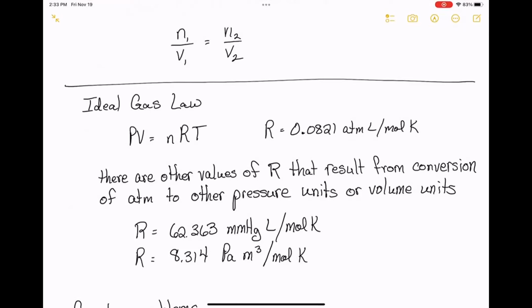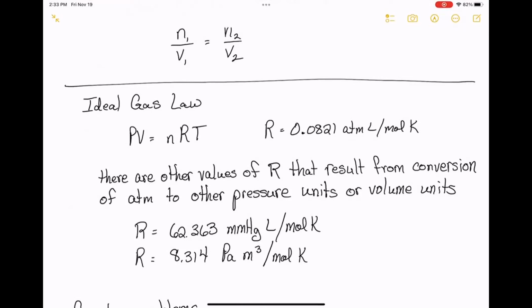Now, there are other ideal gas constants. They arise from converting the pressure unit of atmospheres to a different pressure unit, such as millimeters of mercury.